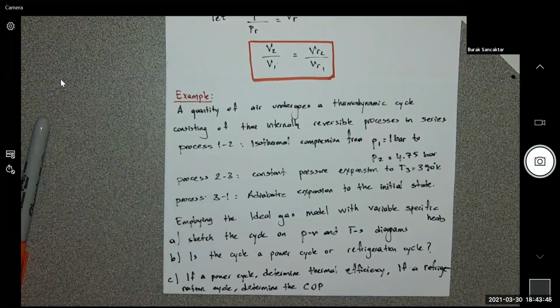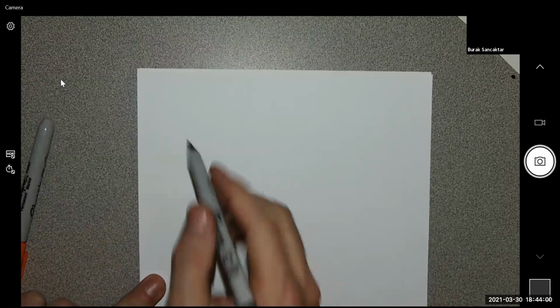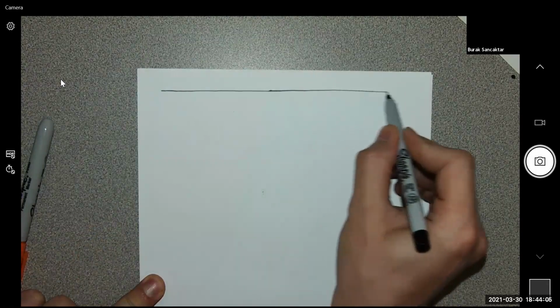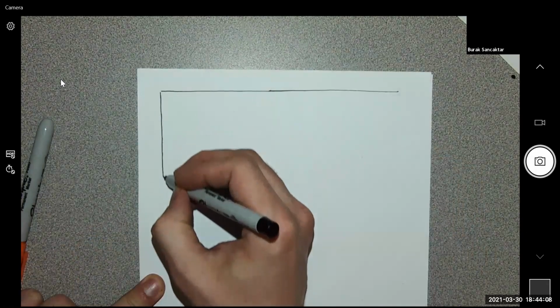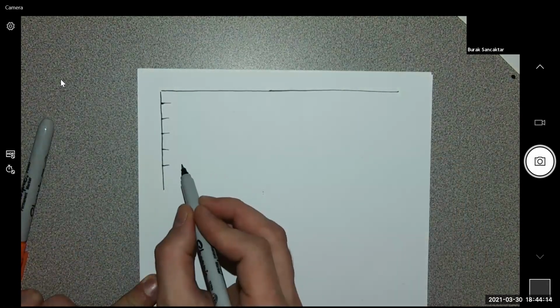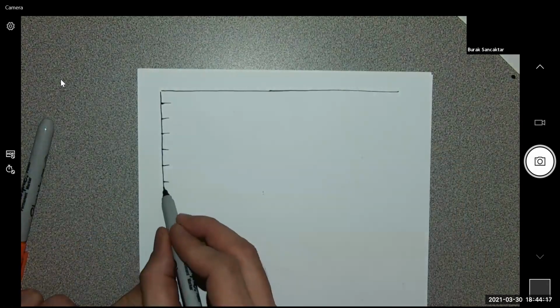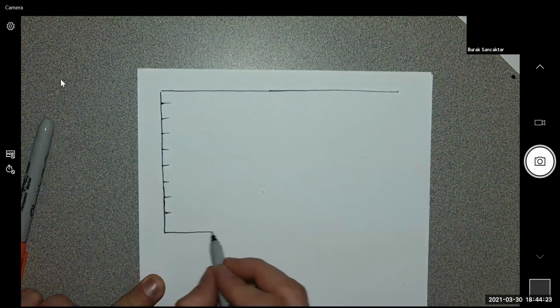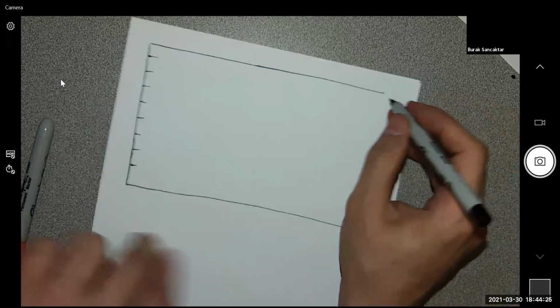Okay. Let's start with sketching PV and TS diagram. But before that, I would like to give you a table where I can show all my variables and properties, if you will. With 4 columns and 9 rows.